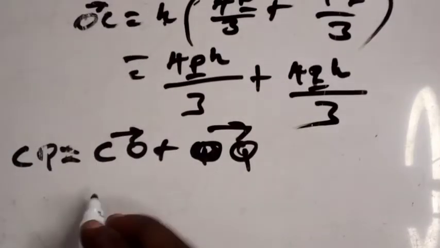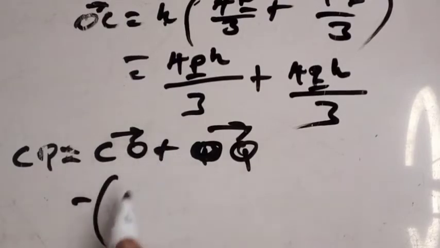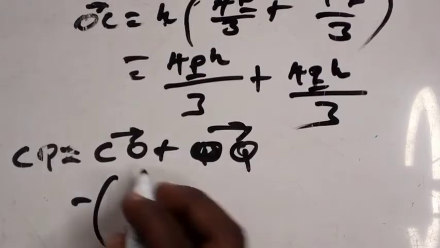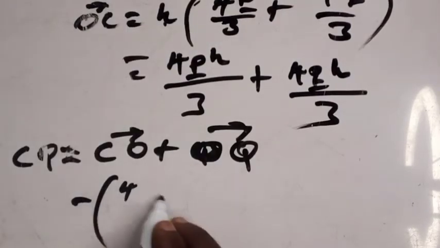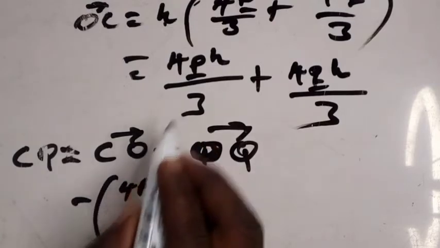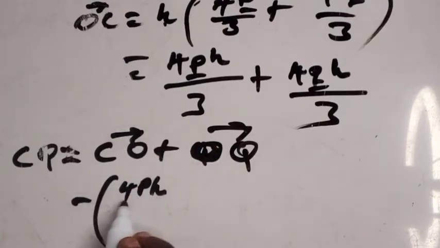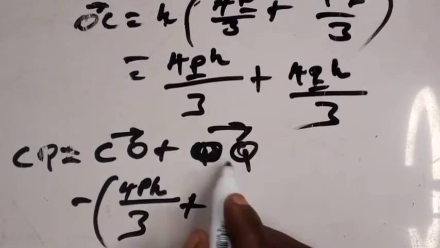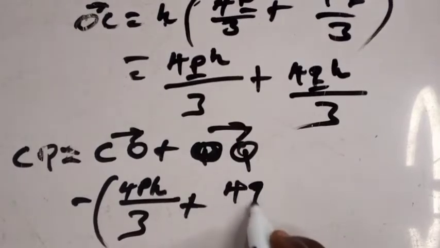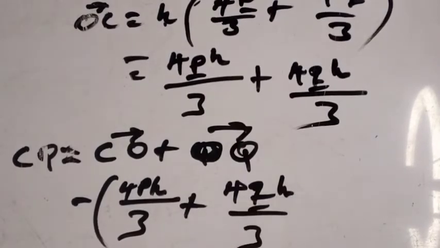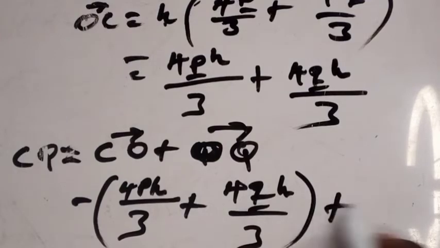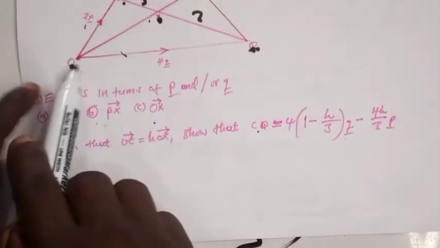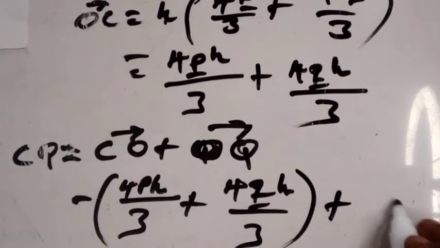So it will be minus, open bracket, OC, which is 4ph over 3 plus 4qh over 3, close, plus OQ, which is 4q.